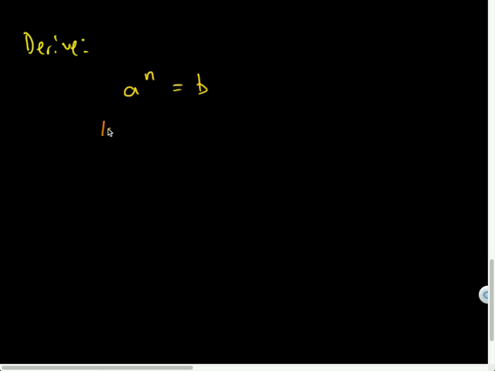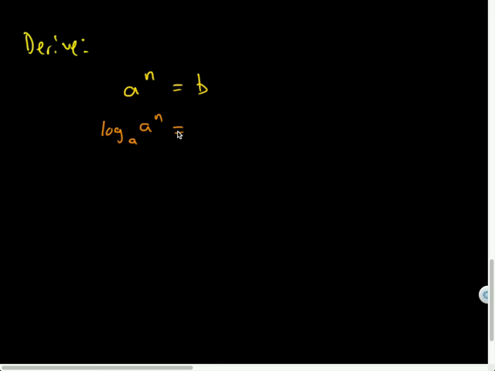But let's suppose I took log base a of a to the n. Let's see. Is this not going to work out the way I want it to? It's all about the setup here.